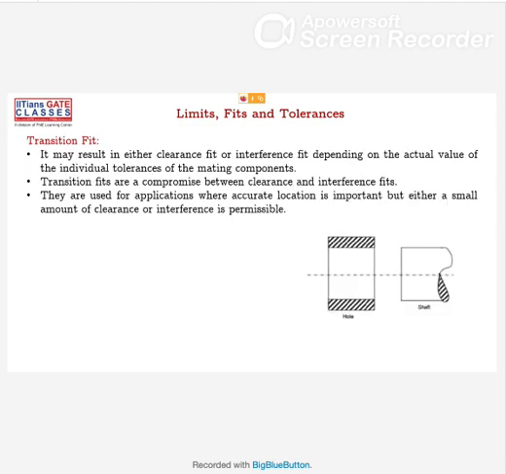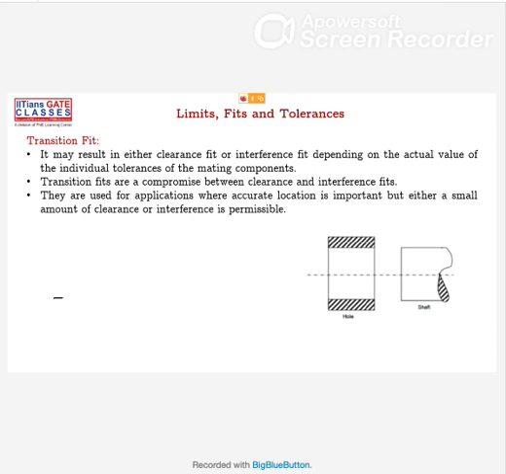Coming to transition fit, it is between the clearance and interference fits. It may result in either a clearance fit or an interference fit depending upon the actual values of the individual tolerances of mating parts. They are used for applications where accurate location is important, but either a small amount of clearance or interference is permissible.